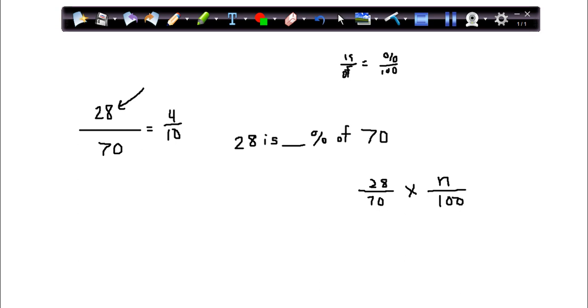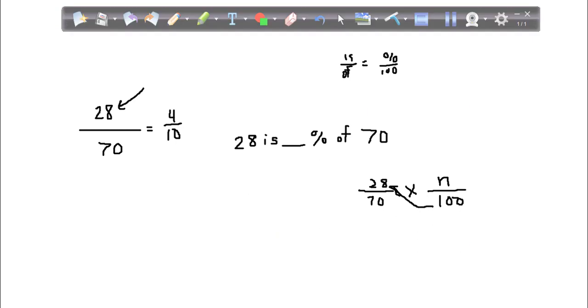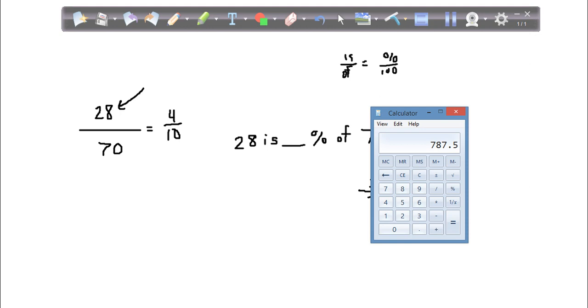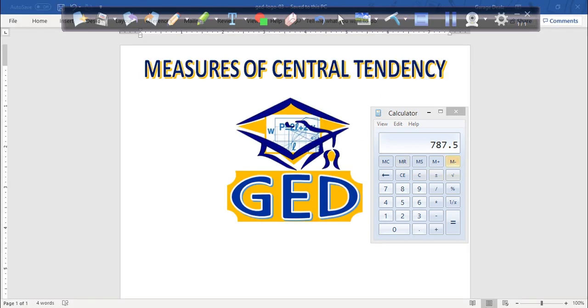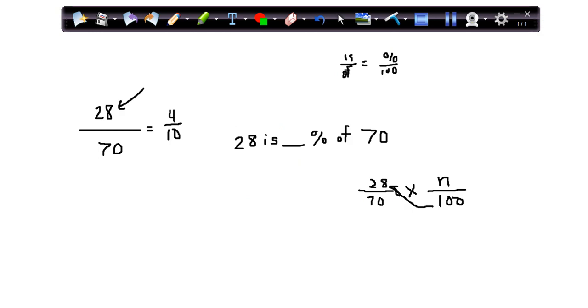So we're going to multiply what? 100 times 28. All right, and you know what that is, but let's put it in the calculator. 100 times 28 equals 2,800. Okay, so we have our answer there.